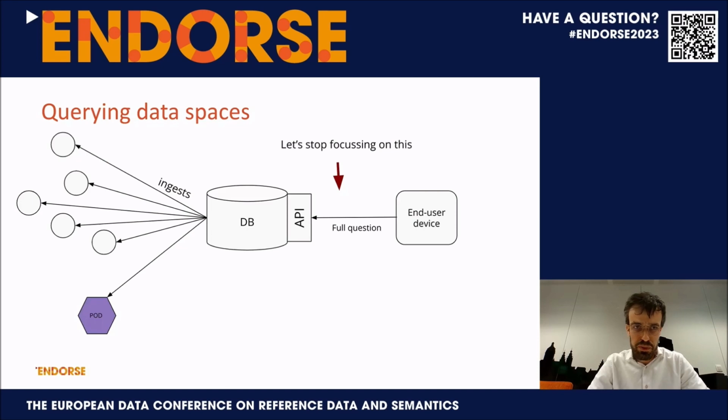Now, most of the research at this point is, I think, and this is also the counter movement that happens with data spaces, that first we spend a lot of time thinking about what that API on top of the database should look like, while in fact the real problem that we maybe need to fix is how do we automate data integration before the API that we will start querying.